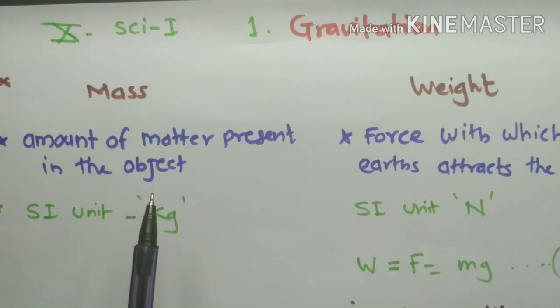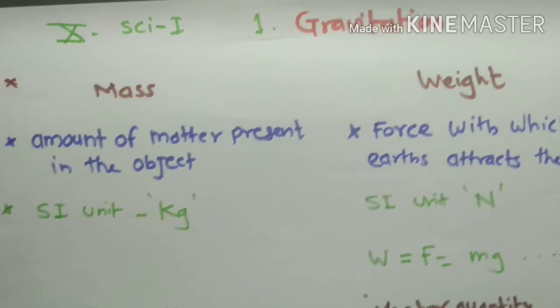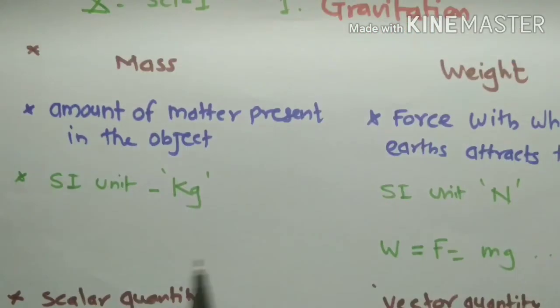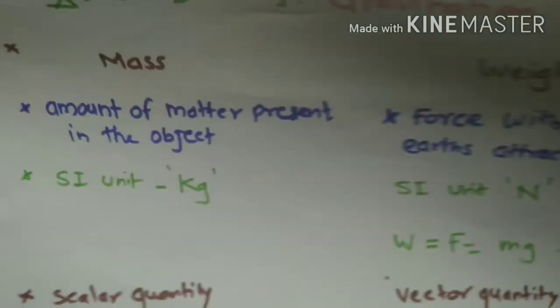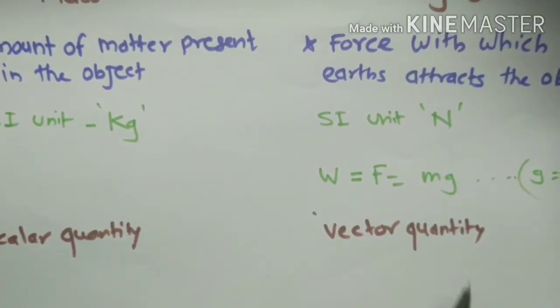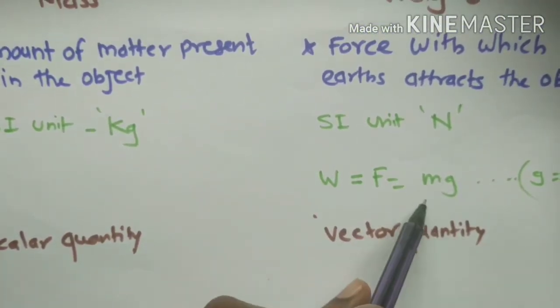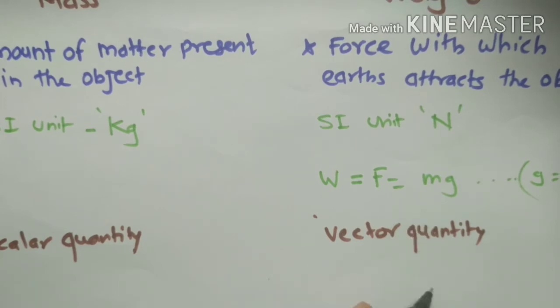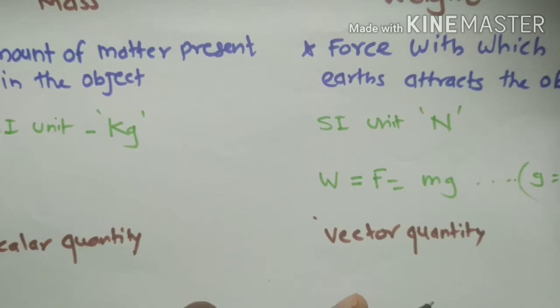The weight, being a force, is a vector quantity. Vector quantity means a direction is needed. For gravitation, the force is directed toward the center of the earth. So its direction is toward the center of the earth.